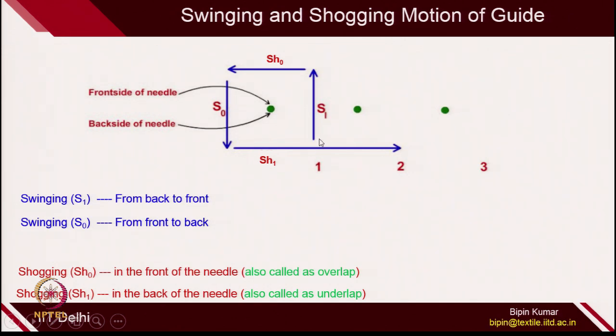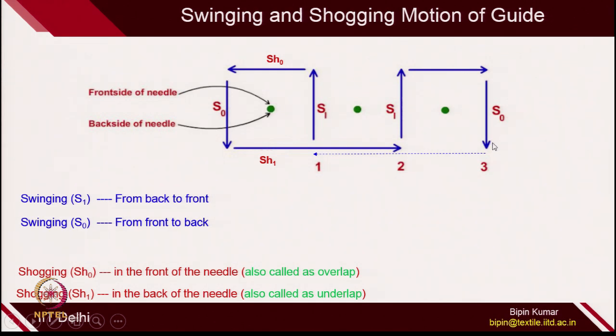The guide started at this position, and after finishing the part it is reaching position number 2. In the second course, let us suppose it is providing yarn to this particular needle shown by the arrow. So, it swings, then shogs on the front side, then again swings, and now the yarn is being provided.